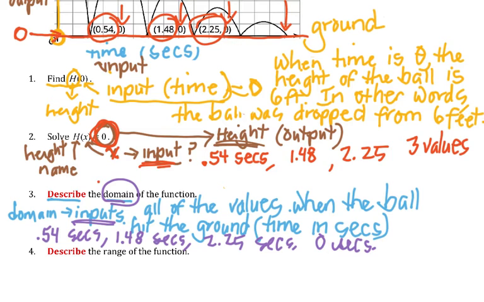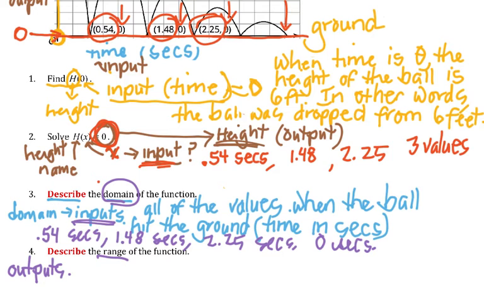So now, let's talk about the range. Remember, the range are the outputs. So what are all the possible outputs that happen as a result of me dropping the ball? If the inputs measure the time, then the outputs measure the height.